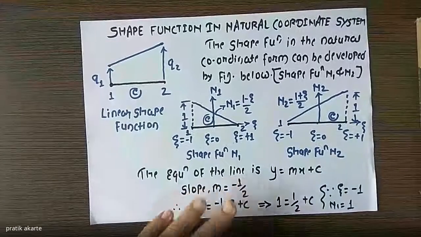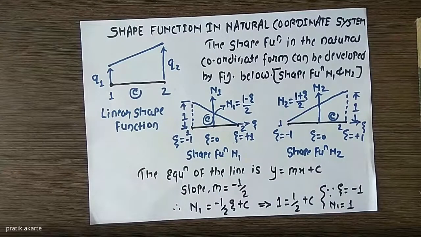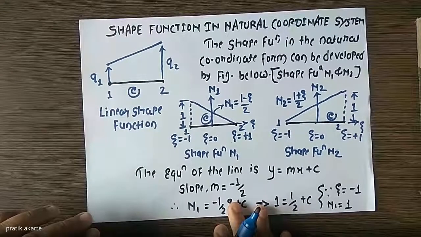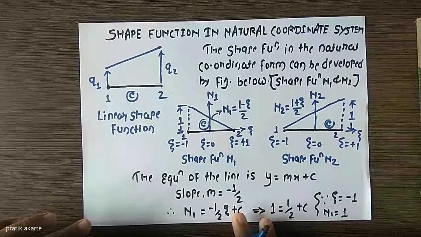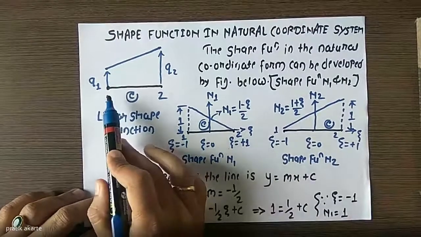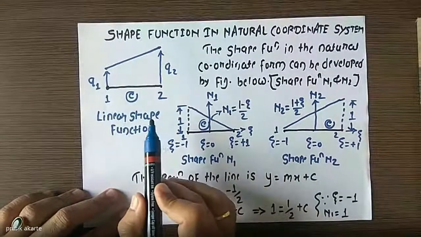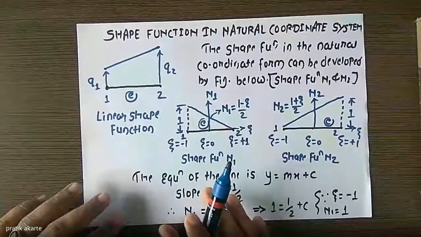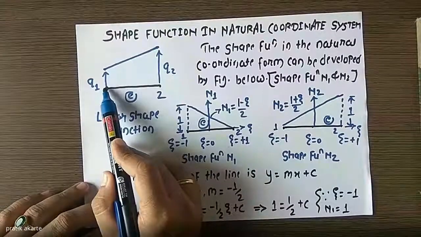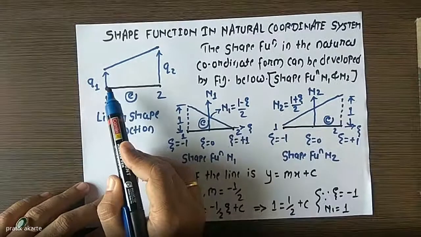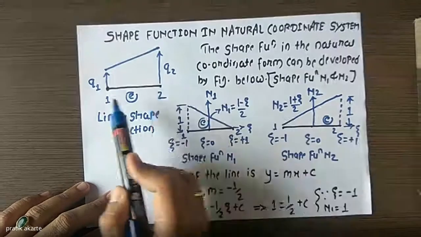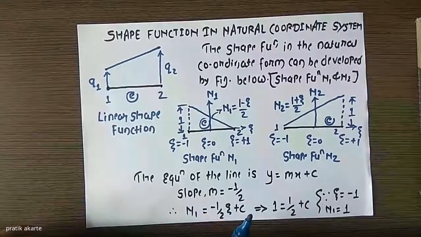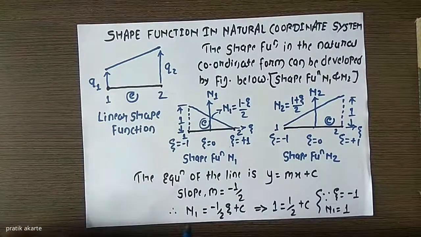So we'll be deriving the shape function in natural coordinate system. First let us understand the shape function. Consider this element E having nodes 1 and 2. You will be establishing the value of field variable at nodes, because you will be applying the field variables at the nodes only.